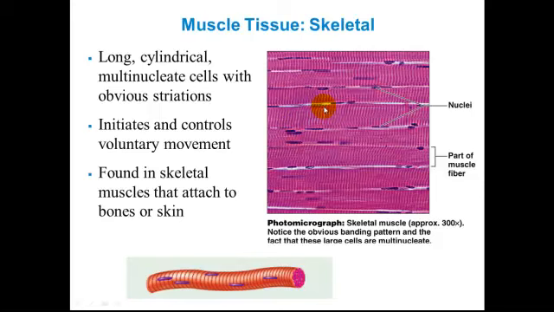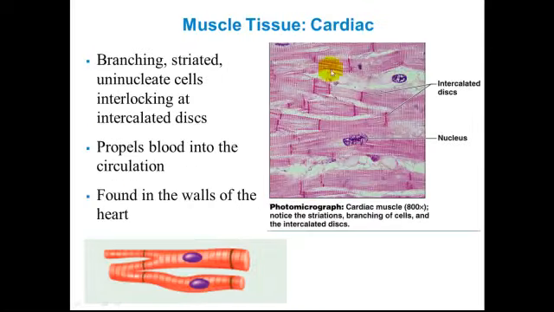An interesting component of skeletal muscles is skeletal muscle cells are one of the few cells we'll talk about that are called multinucleate. So they actually have more than one nucleus, and that's pretty unique. So if you look at this diagram here, we have several nuclei. Now that's compared to cardiac muscle. Cardiac muscle is found only within the walls of the heart.